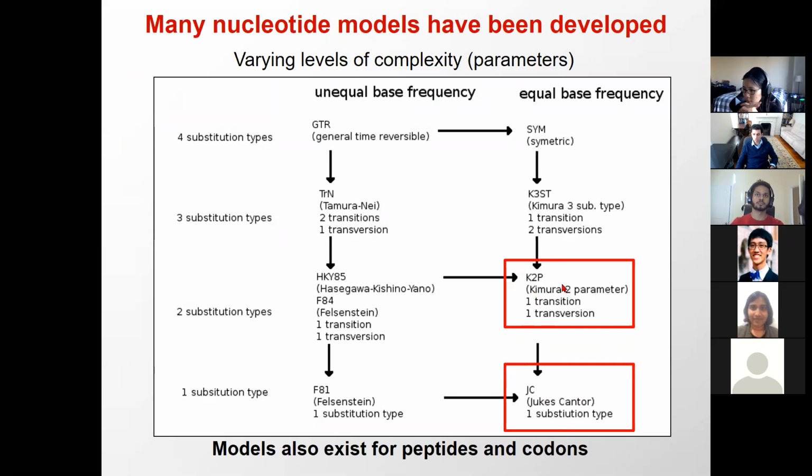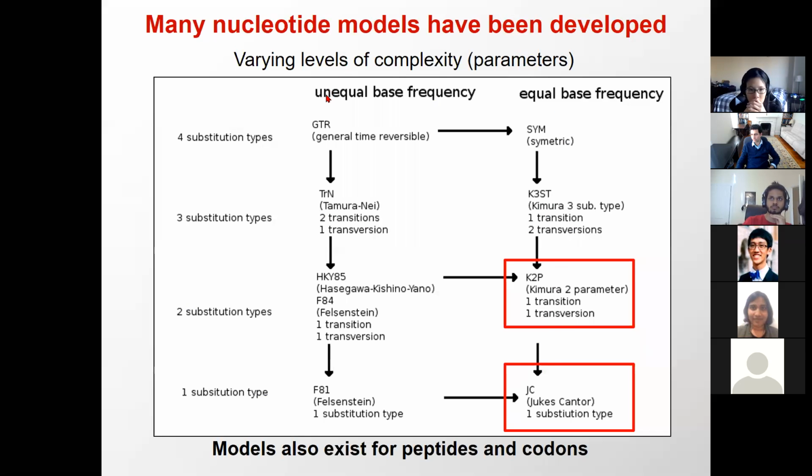The Kimura two parameter model has transitions and transversions. With multiple substitution types, you could also have one transition and two different types of transversions. Or you could have a fully symmetric model where every nucleotide to every other nucleotide has its own parameter, assuming equal base frequency between the departure and the arrival, or between the two species I'm comparing.